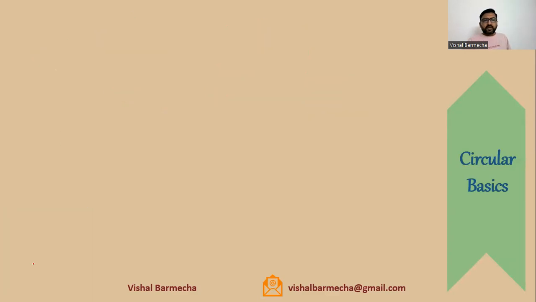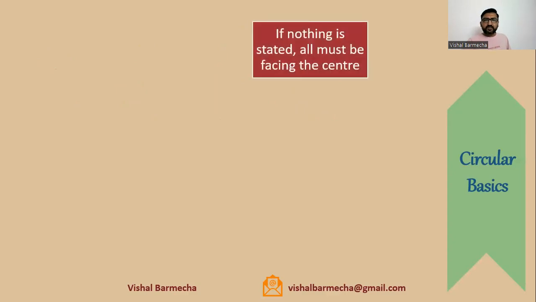Okay, let's move ahead. Let's understand a few more standard assumptions. So first thing, if nothing is stated, all must be facing the center. तो अगर हमारे पास एक circular table है, then कभी कभी क्वेश्चन में बहुत क्लियरली बोल देते हैं. फॉर एग्जाम्पल, इफ देर आर 8 people sitting around a circle, right?